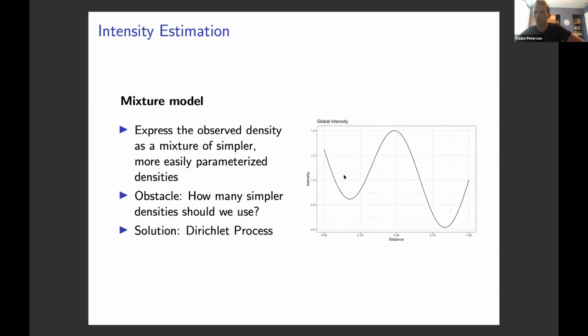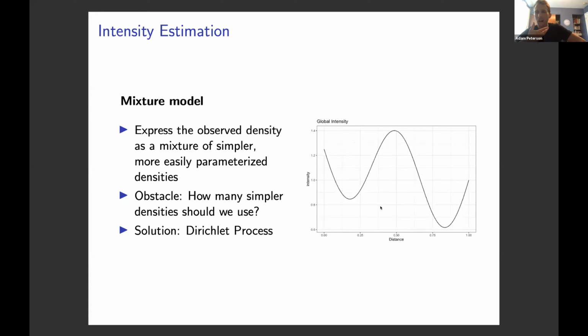If you were just estimating this global density and you wanted to estimate it flexibly, again, not using just one simple parametric form, you could use some smaller number of densities to do so. You could use a finite mixture model. And that would say, hey, we think maybe we could represent this density with just 4 normals and take a linear sum of those 4 normal densities at any distance, and that will be our density.